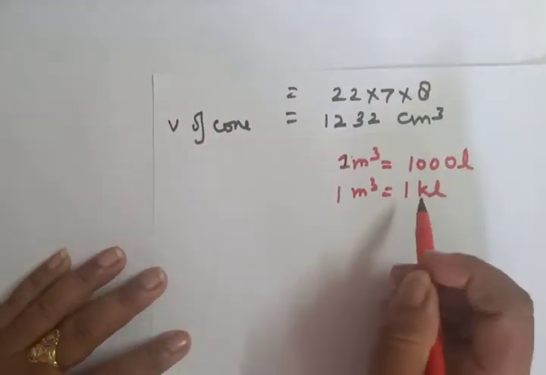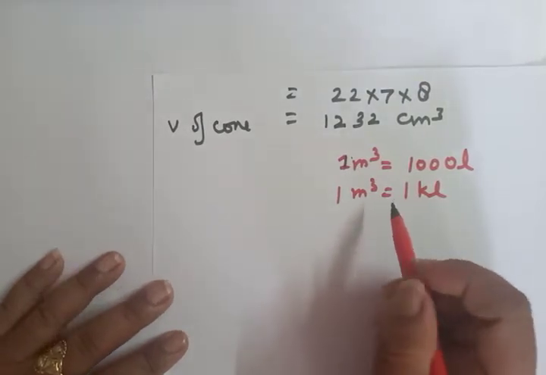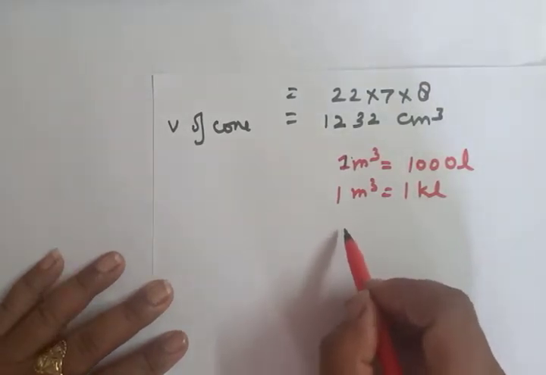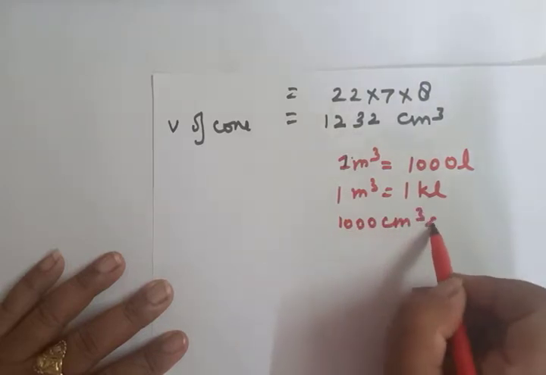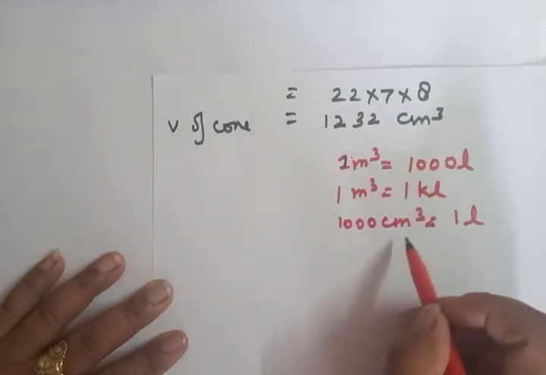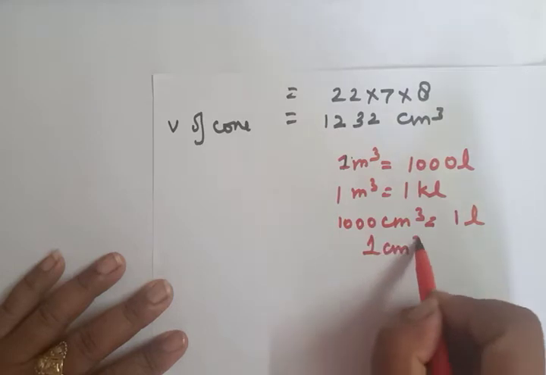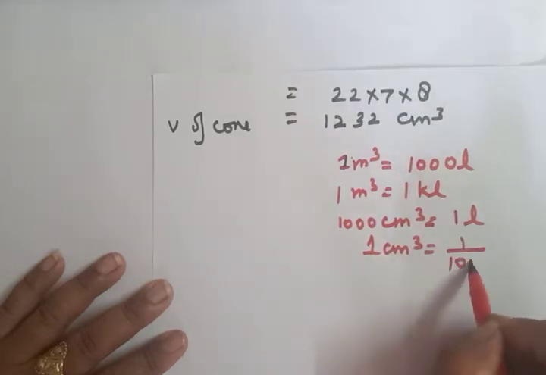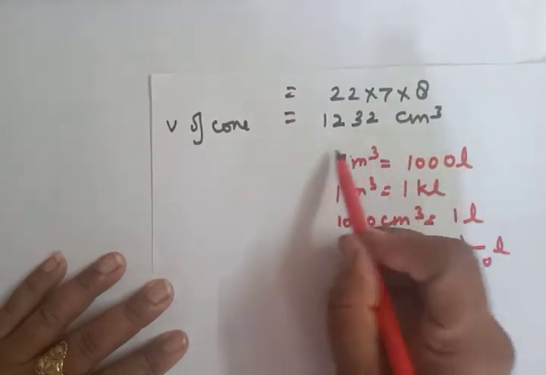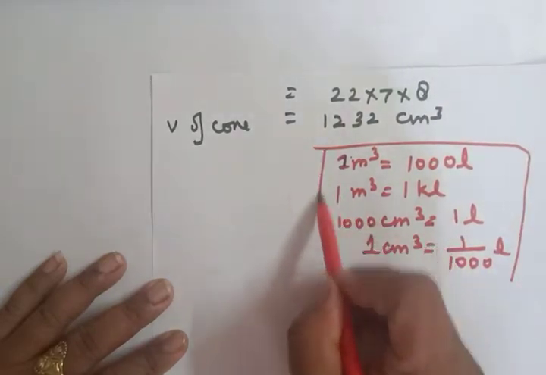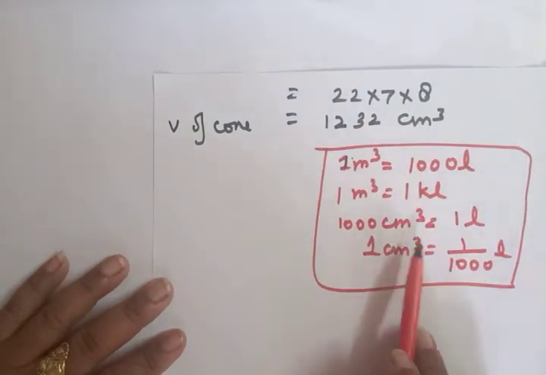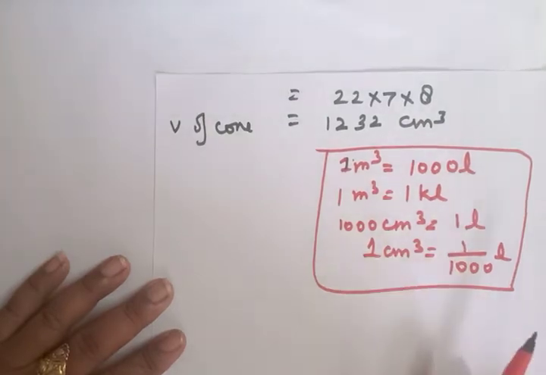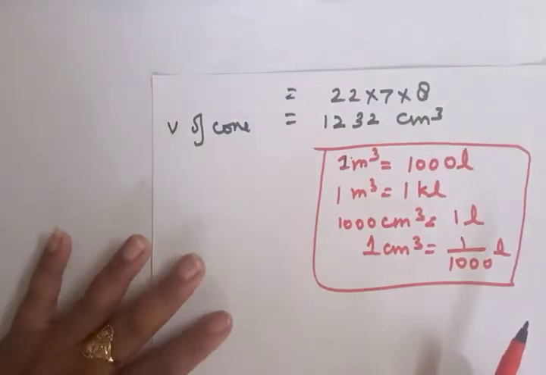And the second thing to remember, 1000 centimeter cube is equal to 1 liter, and we can say 1 centimeter cube is equal to 1 upon 1000 liter. So these are the relations between meter cube and liter, and centimeter cube and liters. You need to remember this.